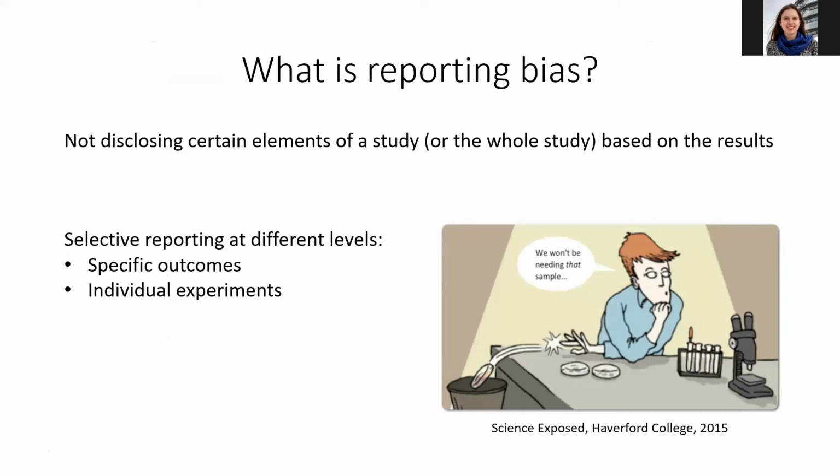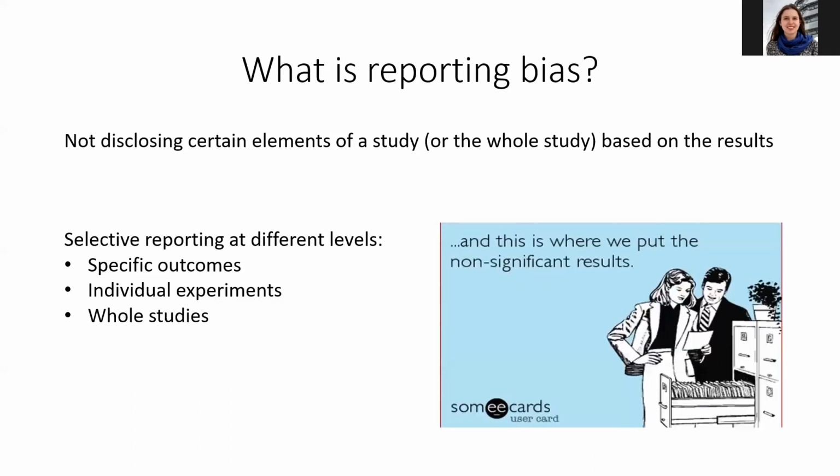First, it can be associated to the omission of specific outcomes or individual experiments. For instance, when several variables are measured, but only the ones that provide significant data are shown, or when an experiment doesn't provide the expected results, or it seems in contradiction with other data, then those things are left out of the story. It can be even the omission of whole studies, that is the publication bias, also known as the file drawer effect.